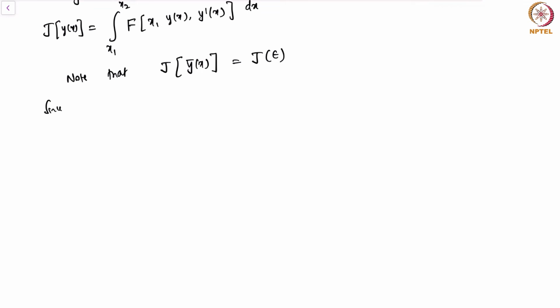So in other words, epsilon equal to 0 gives us the function we are looking for, that is y of x.